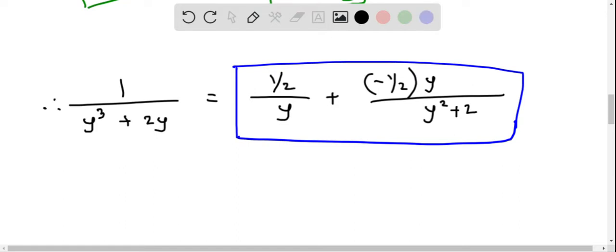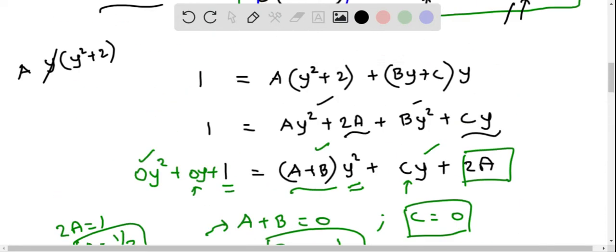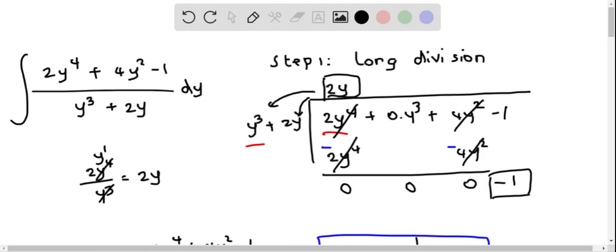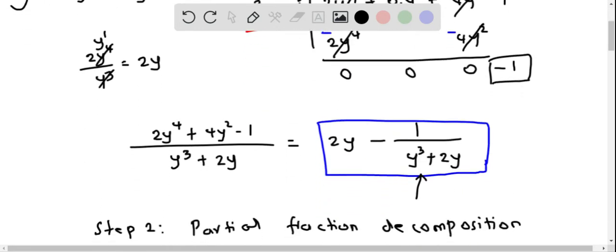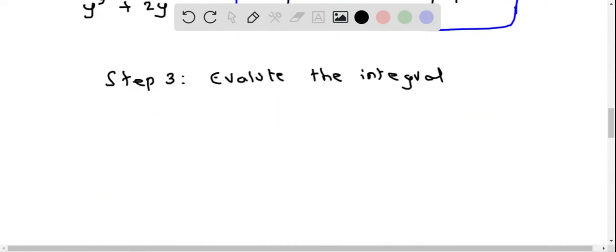Now let's do step 3. Here we integrate. We evaluate the integral. So we are going to rewrite our original integral. After the first step, we have written this. This is the expression equivalent of the expression inside the integral. So therefore, we can rewrite our original integral.